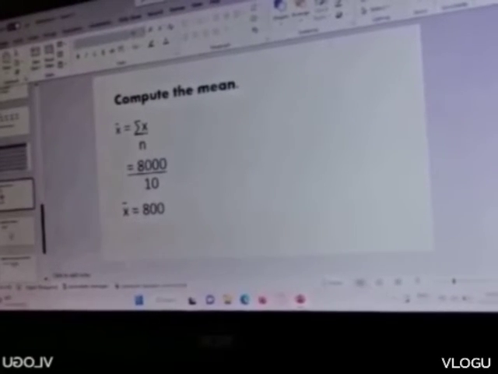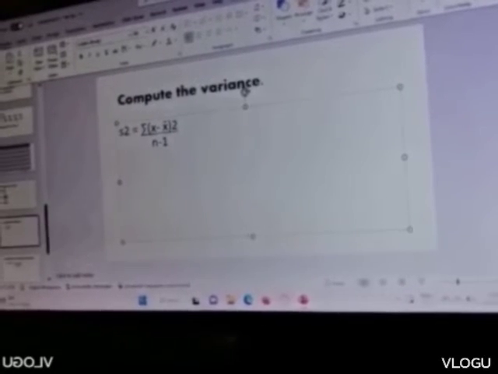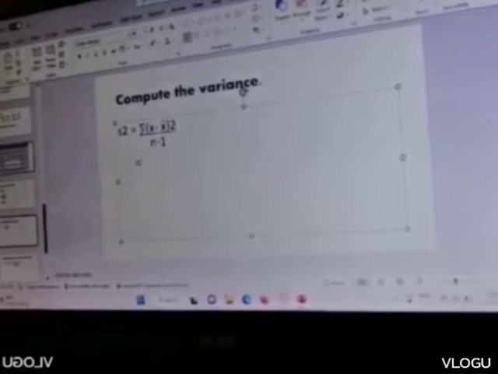Next is to compute the variance. So the variance is this.